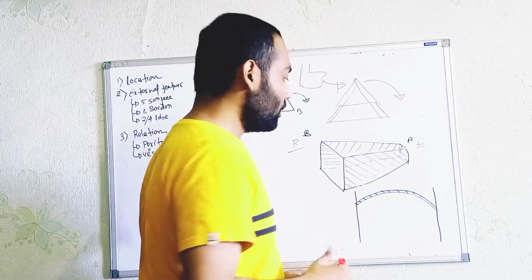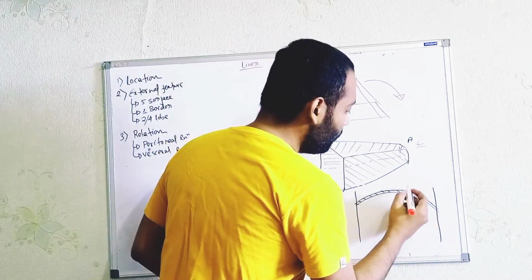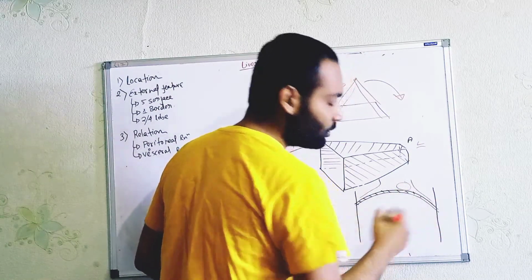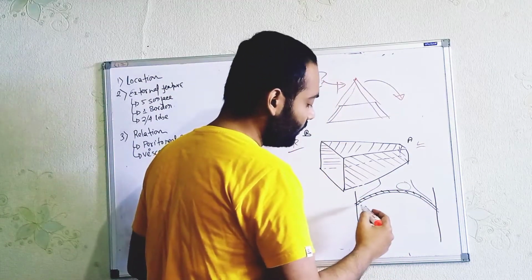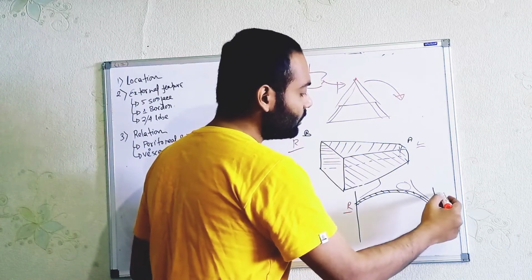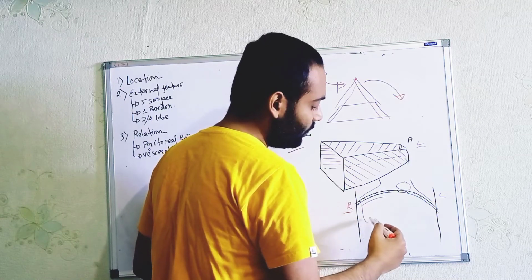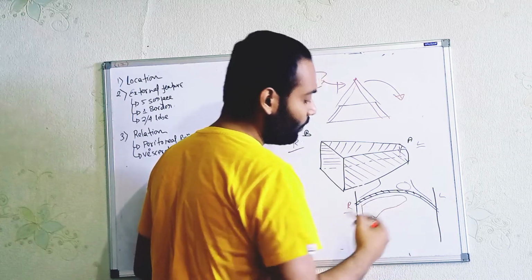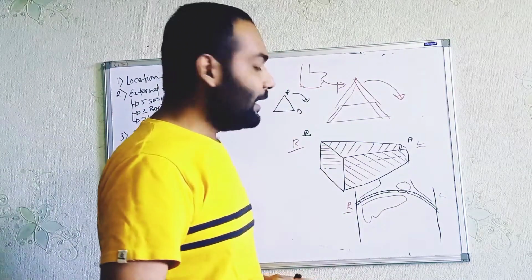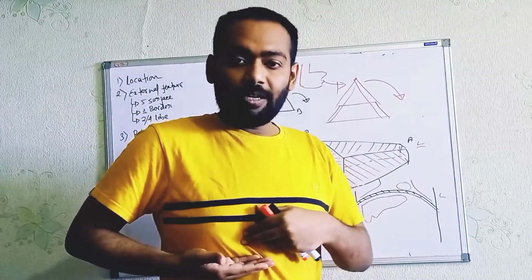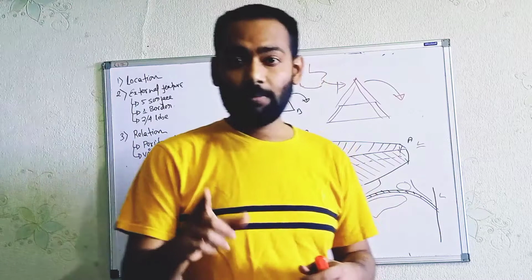Where are these organs? We know there is something like the heart. On two sides we have lungs, and this is the right side, this is the left side. So here we have our liver. So what is in the superior part?